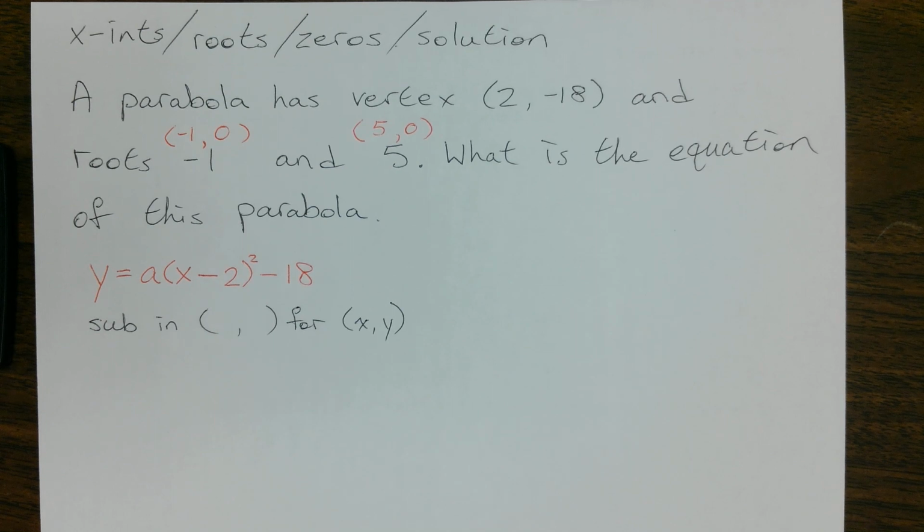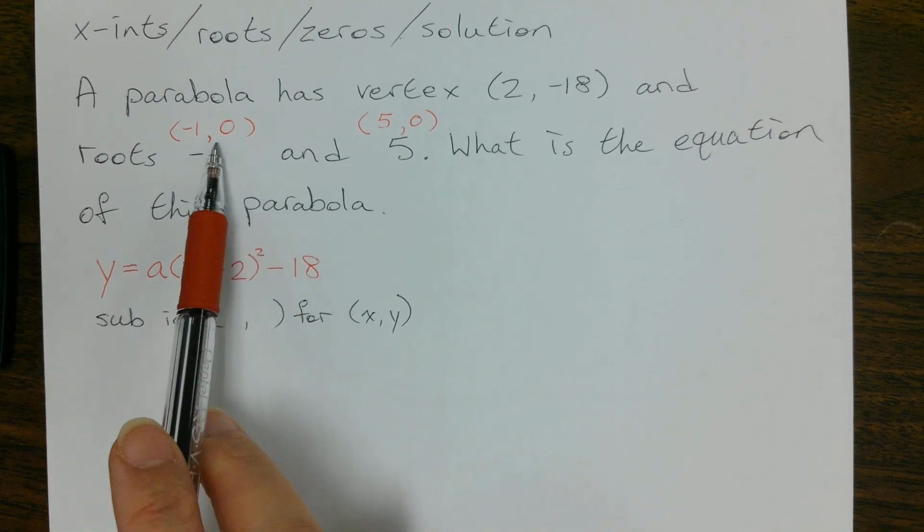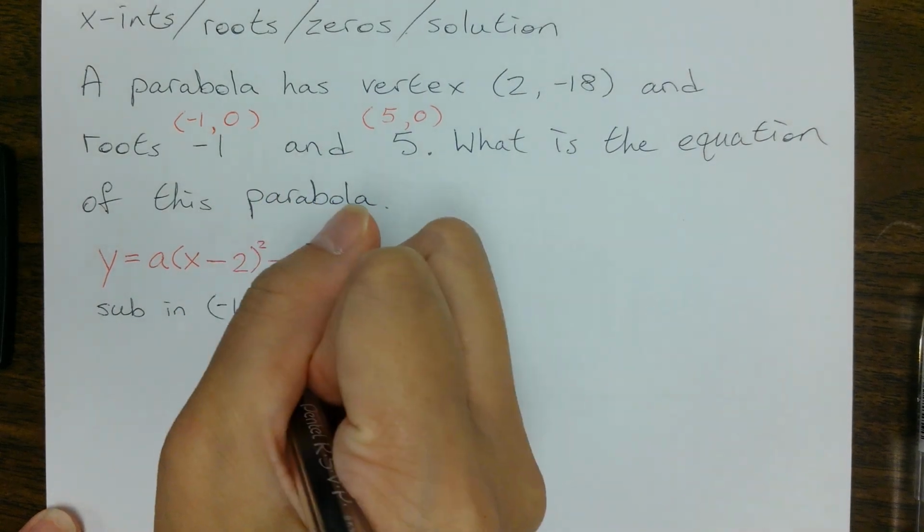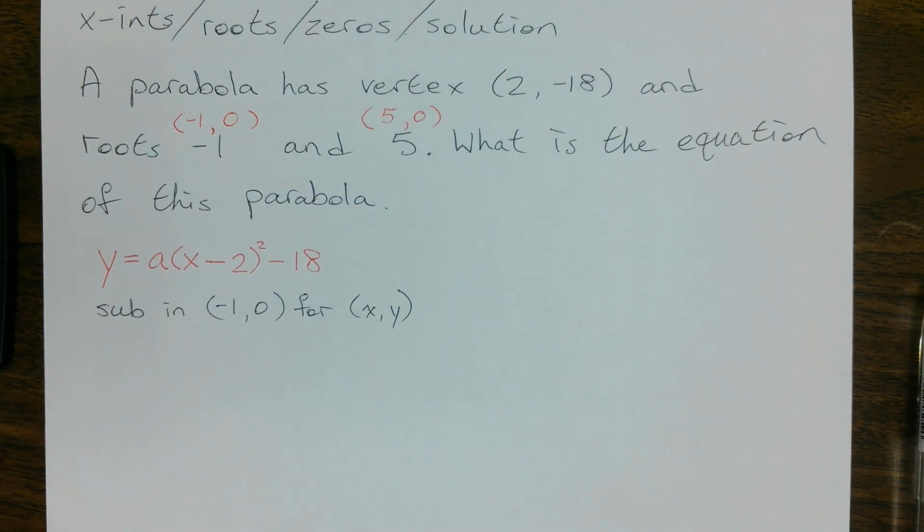I only need to sub in one other point for x and y, so it doesn't matter which one I put in. I have a choice. I'll put in the -1, 0. I like 0. -1 is a smaller number.